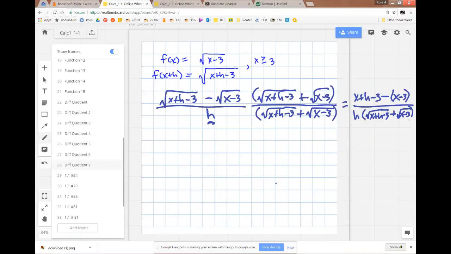All right, so on the top, what has happened? Well, when you simplify that, the x's go away, the -3's go away, and you wind up with an h on the top. And then the bottom, I'll leave alone. A little bit sloppy here.